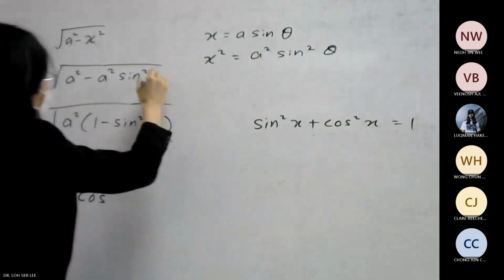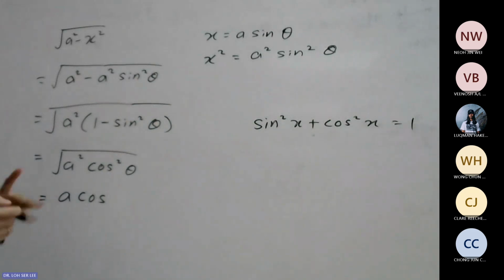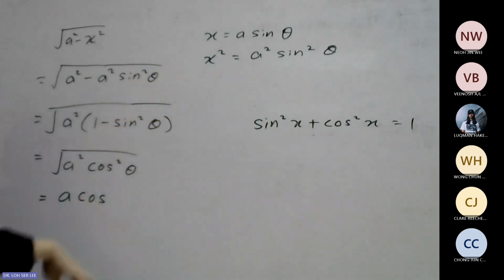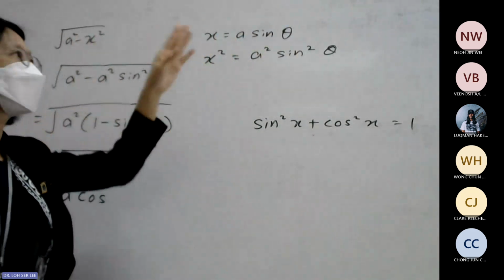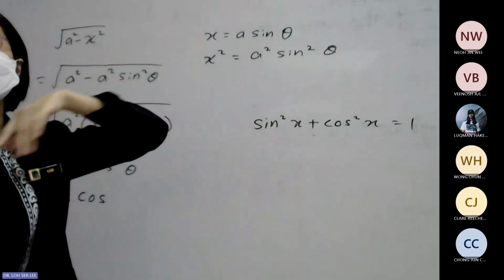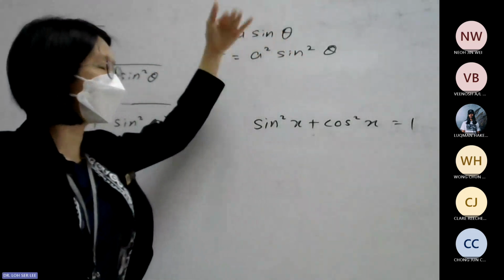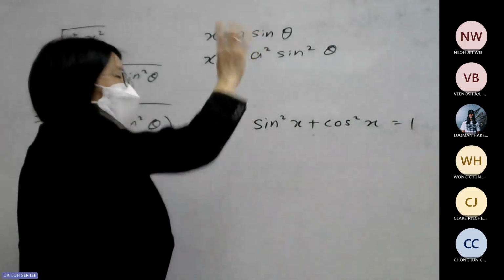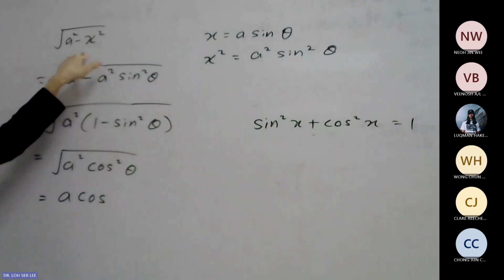So to get d theta, we differentiate this. When we differentiate sine theta, we get positive cos theta, but if we choose cos theta, we will get a negative sine. That's why between the choices sine theta and cos theta, we choose sine theta for this kind of function.